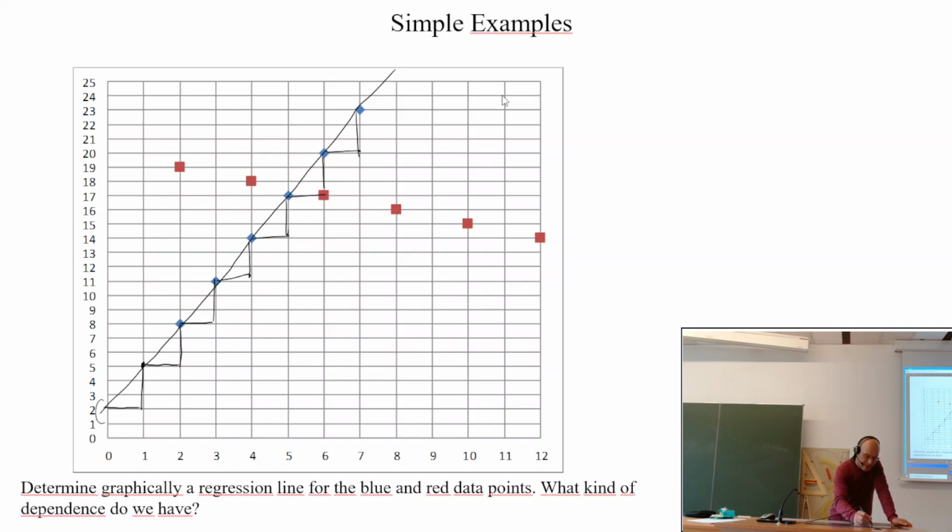Well, and then we see we are cutting here at the vertical axis at 2 and going 1 to the left and 3 upwards then just means that we have a slope of 3. So in this case, f of x would be just 2 plus 3 times x if we say that this is x and this is y, f of x.